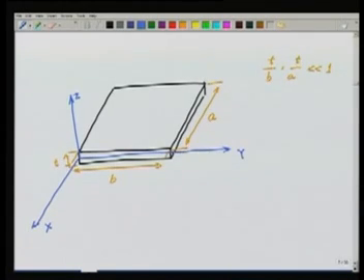We assume the thickness is uniform, so t does not change with the x and y location, and it's a rectangular plate. This coordinate system is such that it's in the middle of the thickness of the plate. So on top you have t by 2, and at the bottom you have t by 2.